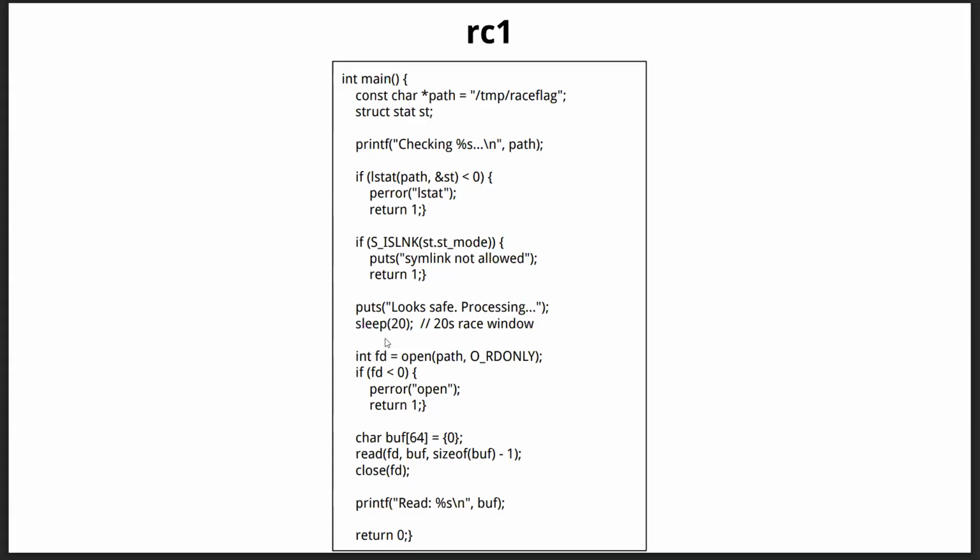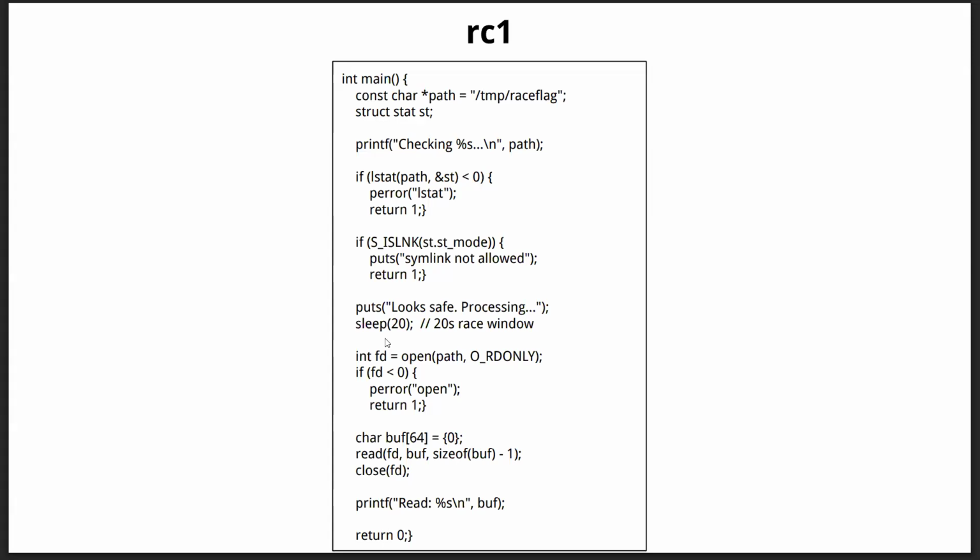So after it checks this, we're going to open that file, read the content, and print it out. That's it. So when you run this program, you create a local file like that. Then you can put some content in that file. Then you will read the file and output that.